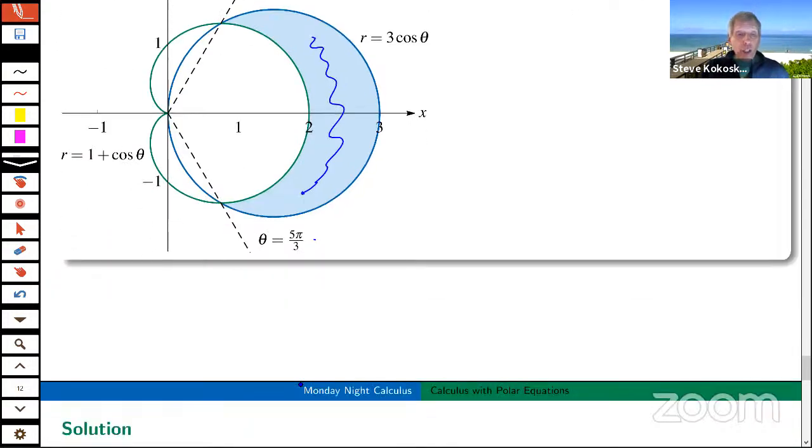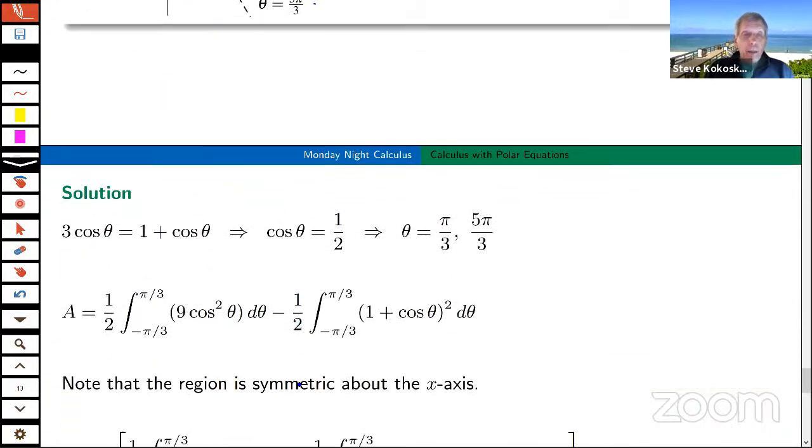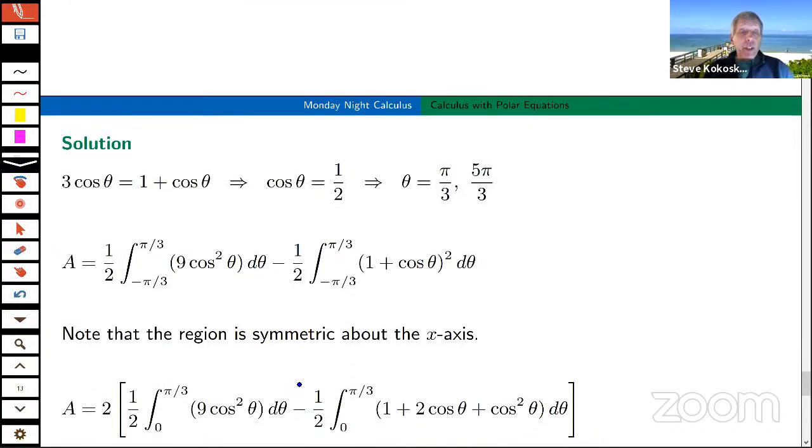Now, this may look a little complicated at some point here, but it's not that bad. First thing I'm going to do is solve that equation and verify for you that those two curves do indeed intersect at pi over 3 and 5 pi over 3. Now, again, in these polar problems, there's often a lot of symmetry.